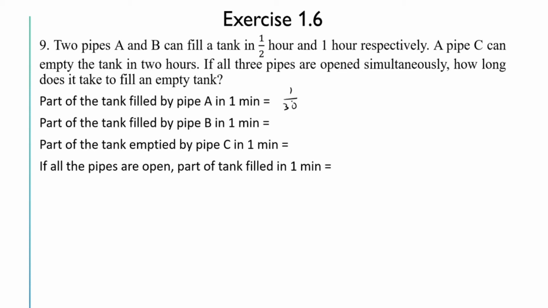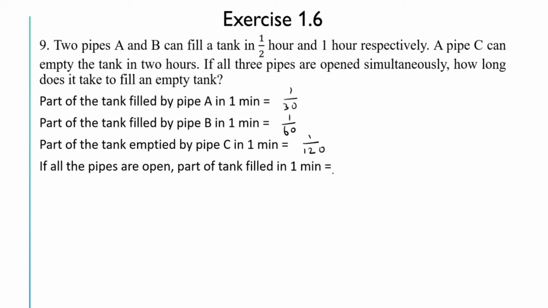They have given B can fill the tank in 1 hour. So the part of the tank filled by pipe B in 1 minute will be 1 by 60. And they have said C can empty the tank in 2 hours. So the part of the tank emptied by C in 1 minute will be 1 by 2 into 60, that is 1 by 120.